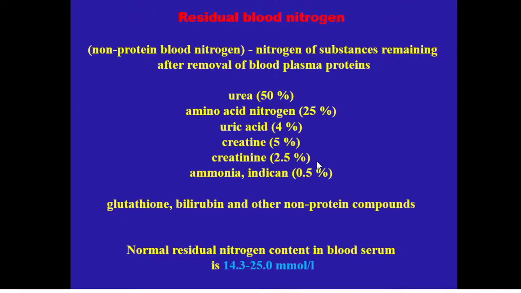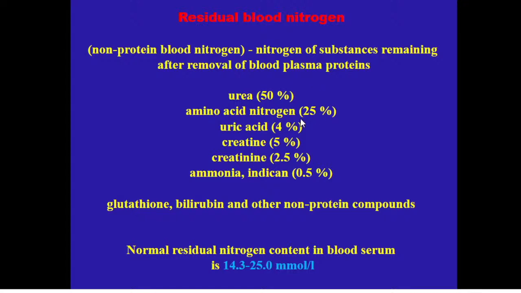Everything that will be in the blood serum after precipitation of protein, it means except protein, is named residual nitrogen. I told about residual nitrogen in my lecture about the urea cycle, but whoever did not write this down, please write now that all non-protein blood nitrogen is named residual, remaining after removal of blood plasma protein. And the most important component of residual nitrogen is urea.